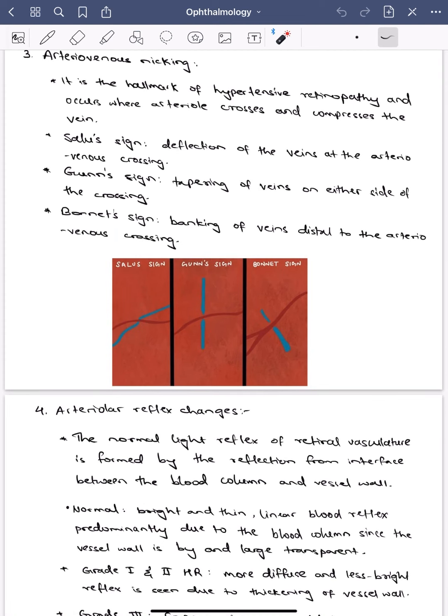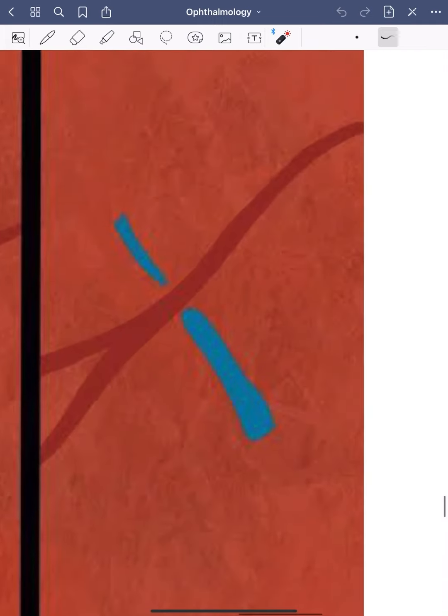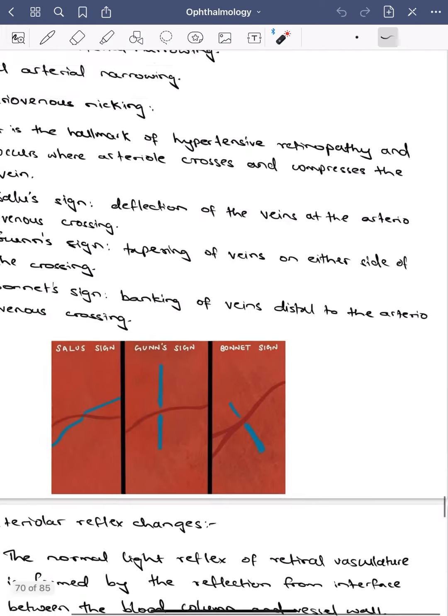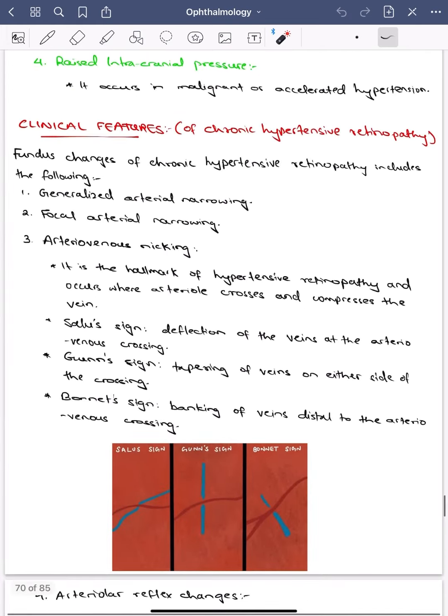Bonnet's sign, the third sign, is banking of the veins distal to the arteriovenous crossing. You can see this is the vein, and at the arteriovenous crossing there is banking, that is this phenomenon here. So this is known as Bonnet's sign. So the third clinical feature, arteriovenous nicking, is the hallmark of hypertensive retinopathy, and it occurs where the arteriole crosses and compresses the vein.